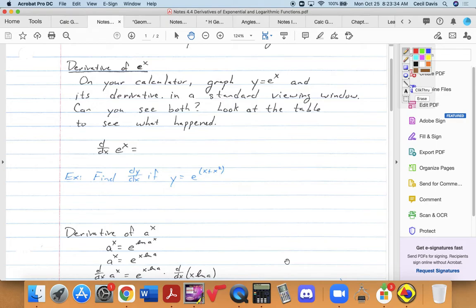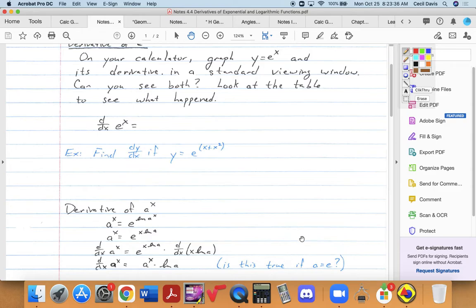Natural log of a. Exactly. So this is the derivative of a to the x. It's a to the x, but then you have to multiply by natural log of a. Which is why the bigger the x you get, the further it gets away, because natural log is an increasing function.